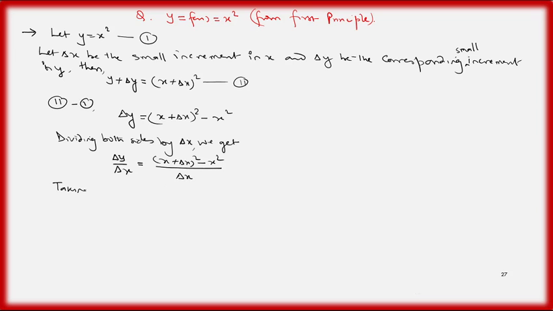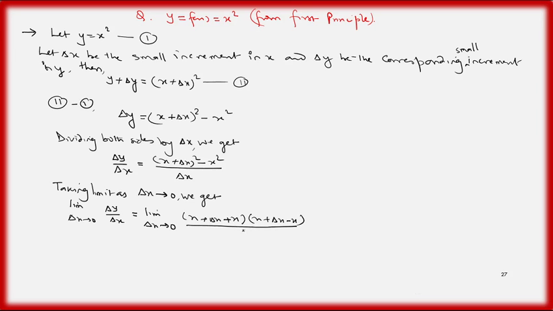Now taking limit as del x tends to 0, we get limit del x tends to 0 of del y by del x equal to limit del x tends to 0, a square minus b square you can apply here, x plus del x plus x, x plus del x minus x whole over del x, a square minus b square, a plus b, a minus b.